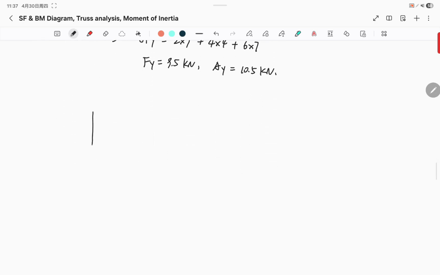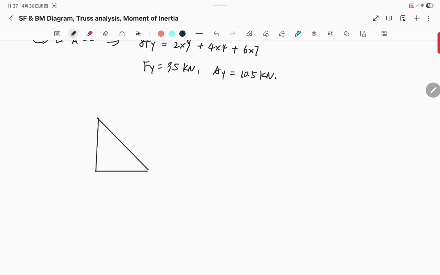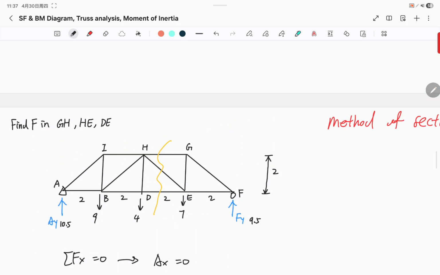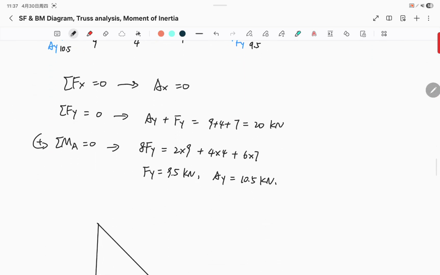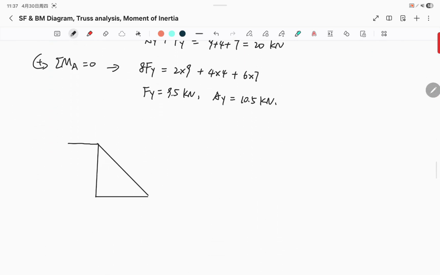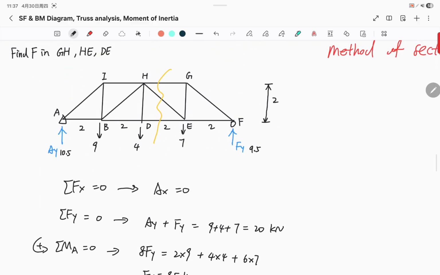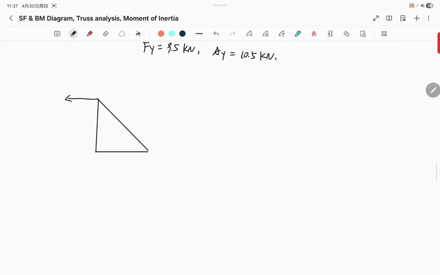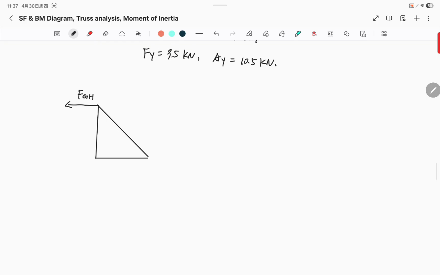We have this triangle here, and then we have 3 forces sticking out. Let's just say this one is to the left, and it is GH. Since that was to the left, let's do this one to the right.